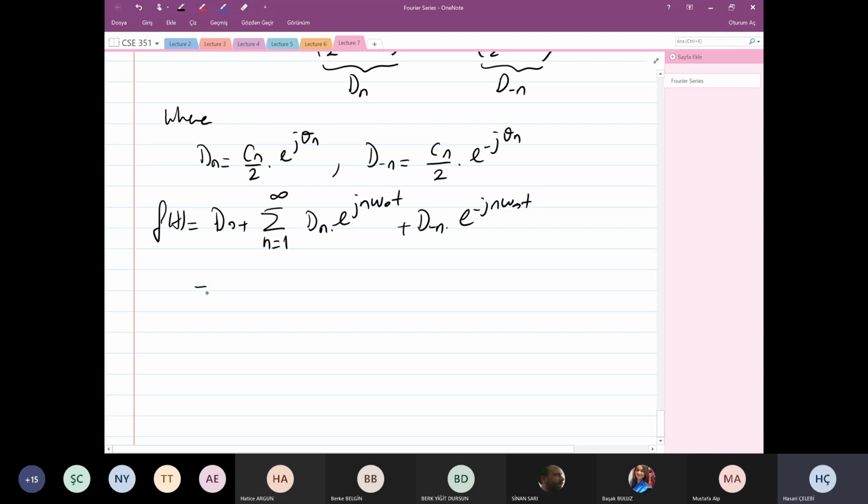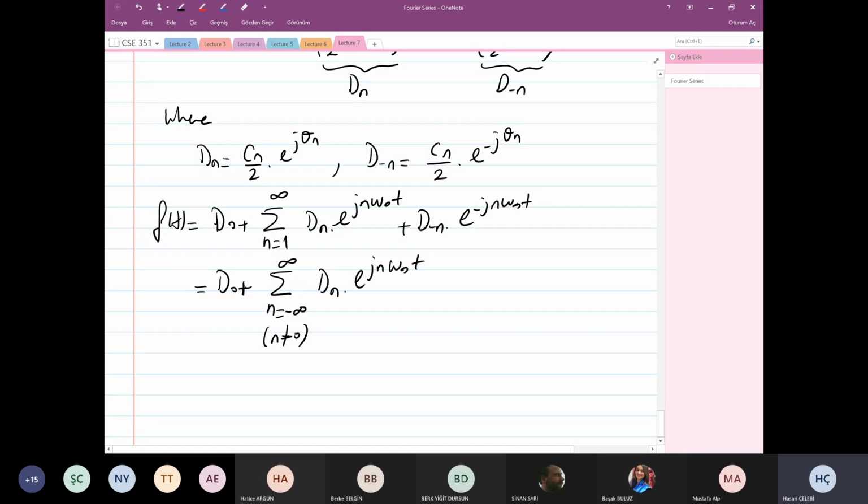So we can even write down this in more compact form, like d0 plus the sum over n from minus infinity to infinity, except n is equal to 0 because it's already here as a d0, dn times exponential jn omega 0 t.